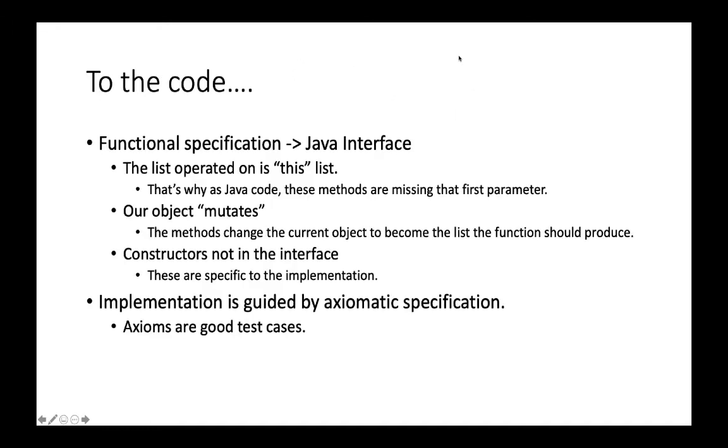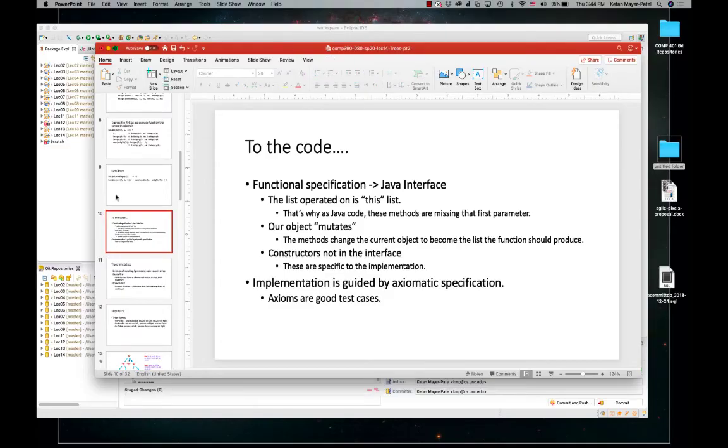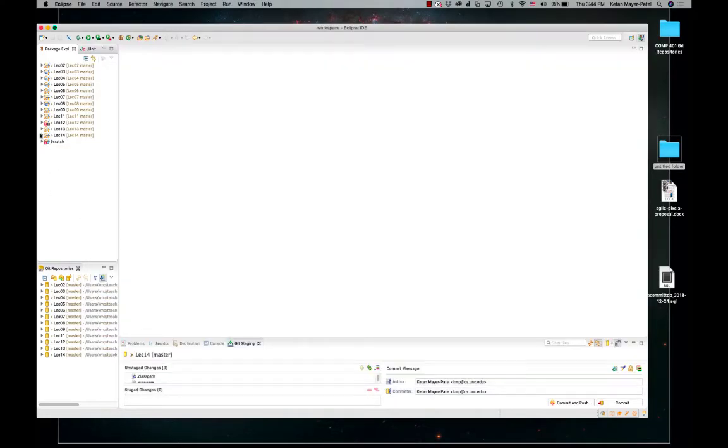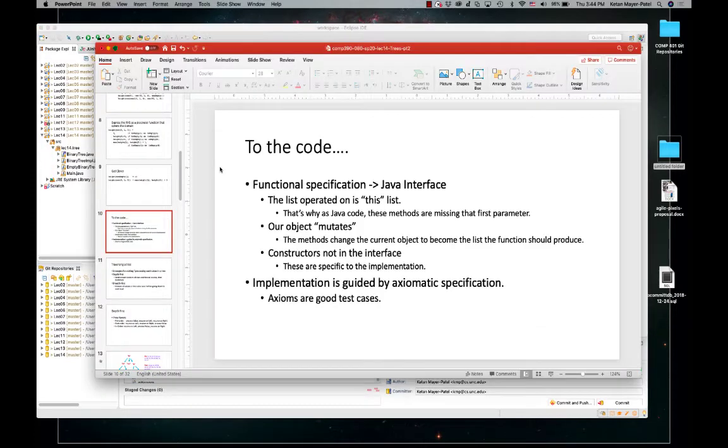Speaking of which, let's take what we know about trees from an analysis point of view and go to the code. All right. So the functional specification, remember what that looks like.